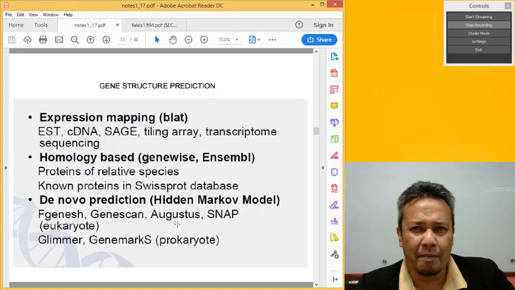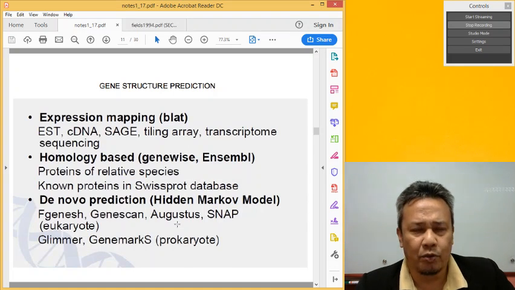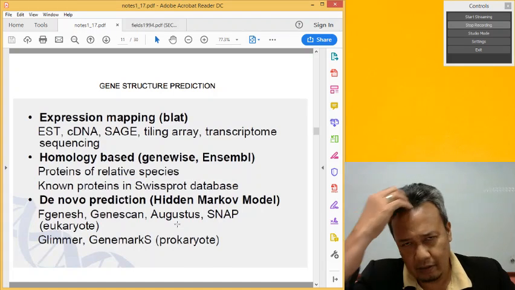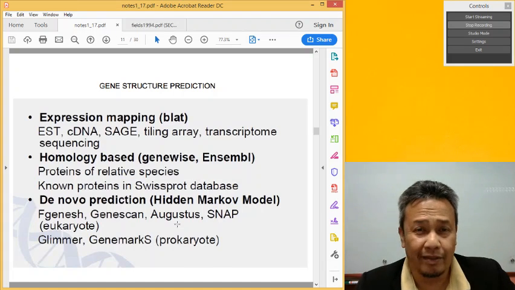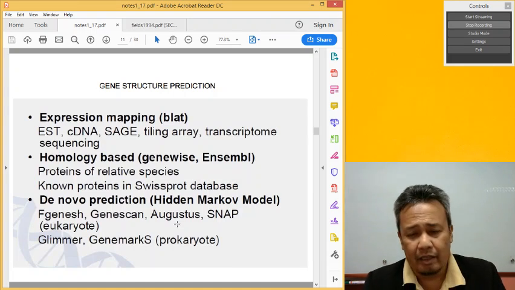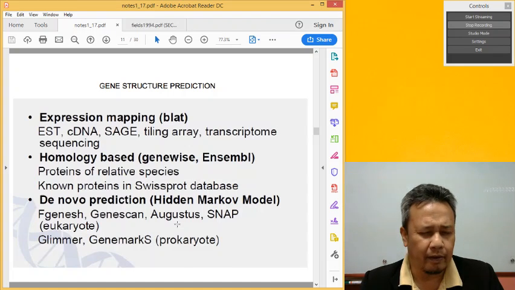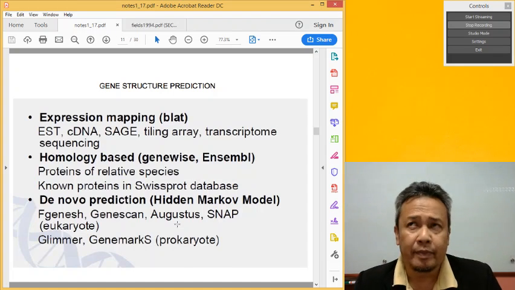Basically, they predict whether the sequence is a gene or not based on several characteristics. For example, high GC content, because most coding regions are high in G's and C's.